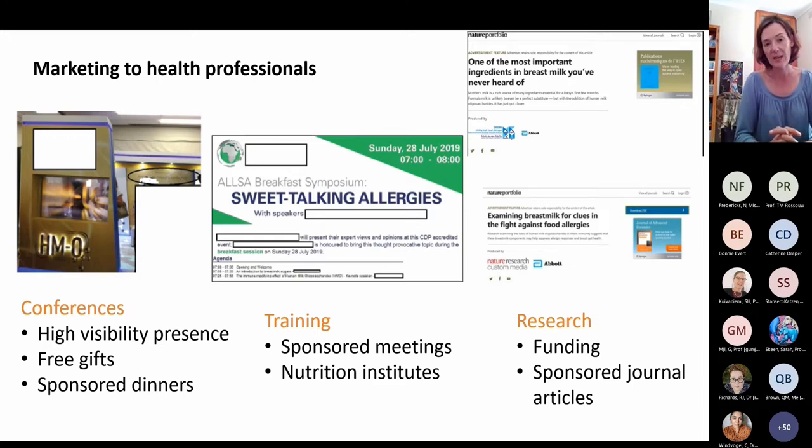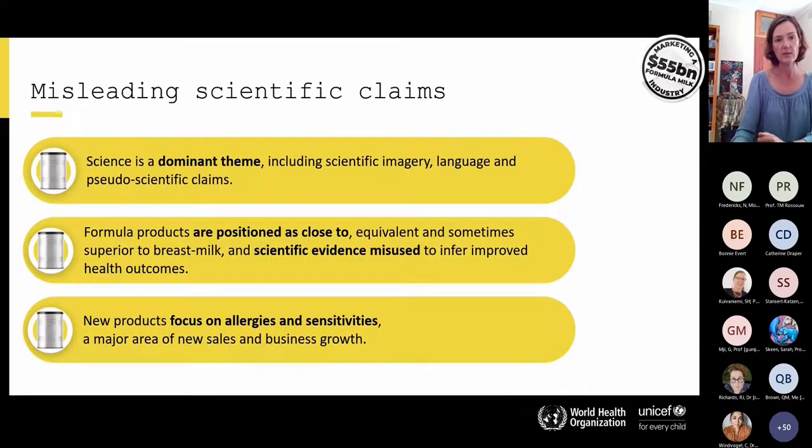Nature accepts paid adverts from formula milk companies, and they are called advertorials to give the impression that they have some scientific legitimacy, but they're actually paid adverts. And they give the impression that these articles are about breastfeeding or breast milk, but actually they're advertising the new components, including human milk oligosaccharides, in their formula milk products.